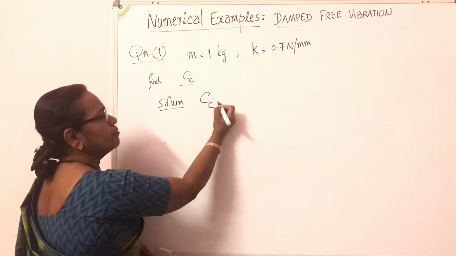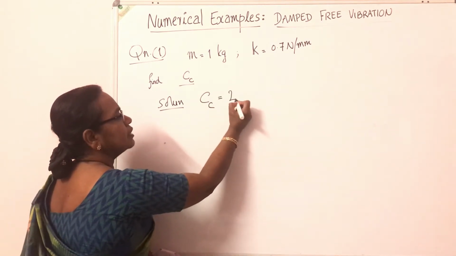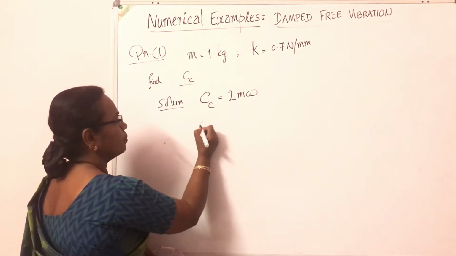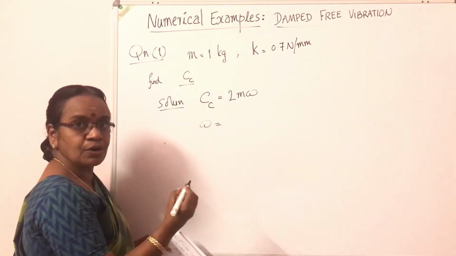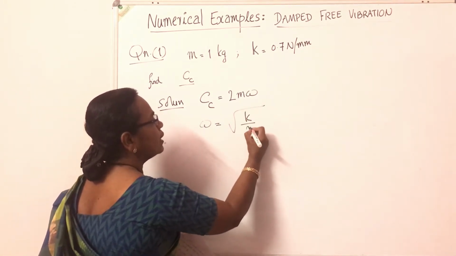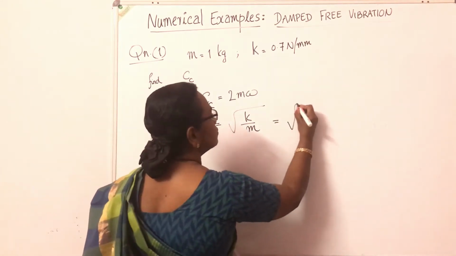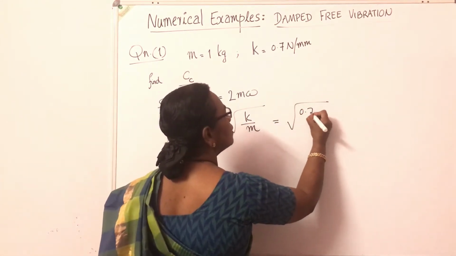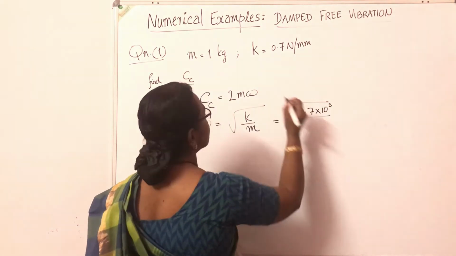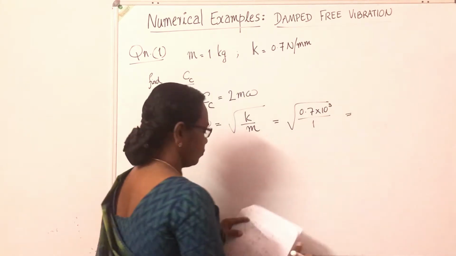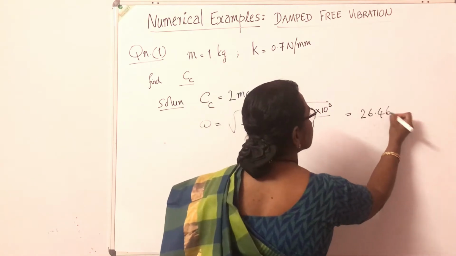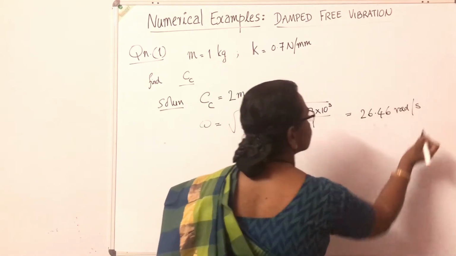The critical damping coefficient Cc is 2m omega, where omega is the natural frequency of the system in radians per second, equal to root of k by m. So what is k? 0.7 Newton per millimeter. It has to be converted into Newton per meter, divided by the mass 1 kilogram. This will give you the natural frequency as 26.46 radian per second.